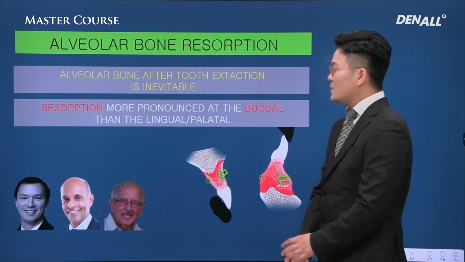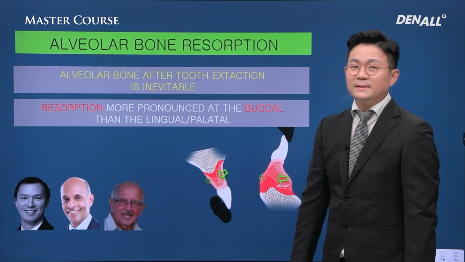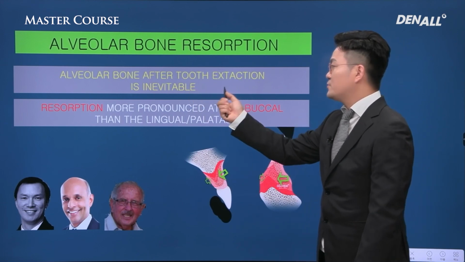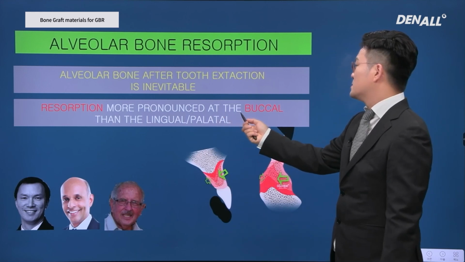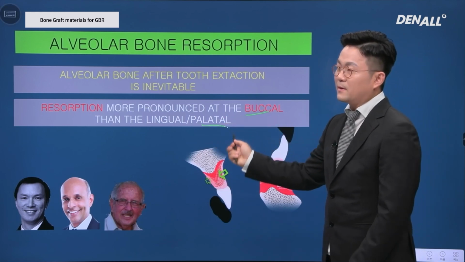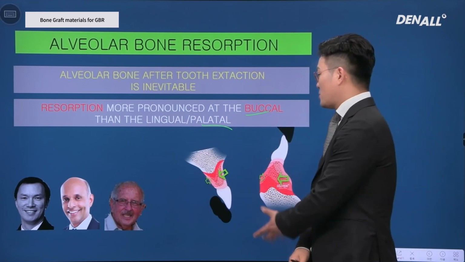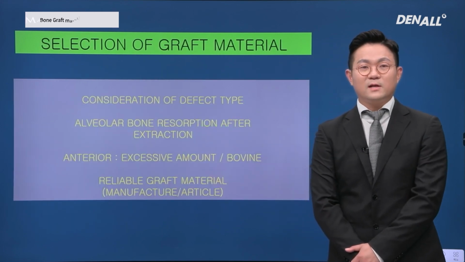After extraction, we have to expect alveolar bone resorption. It is inevitable, and the resorption is more pronounced at the buccal than lingual side according to many papers.